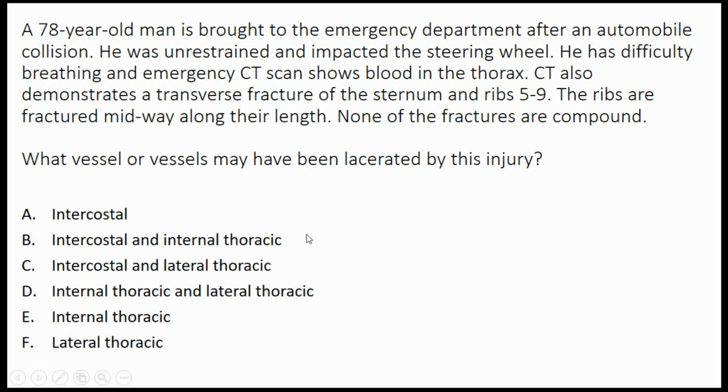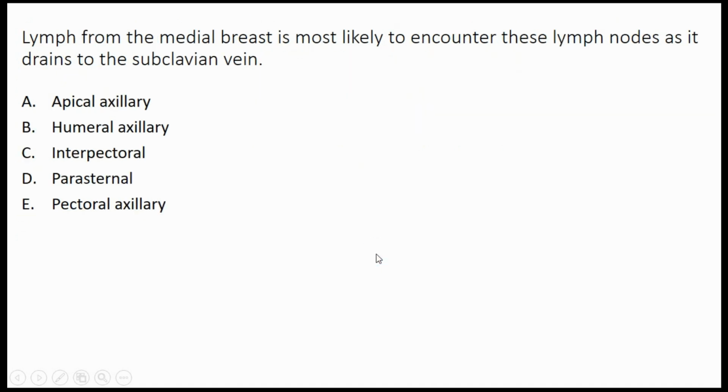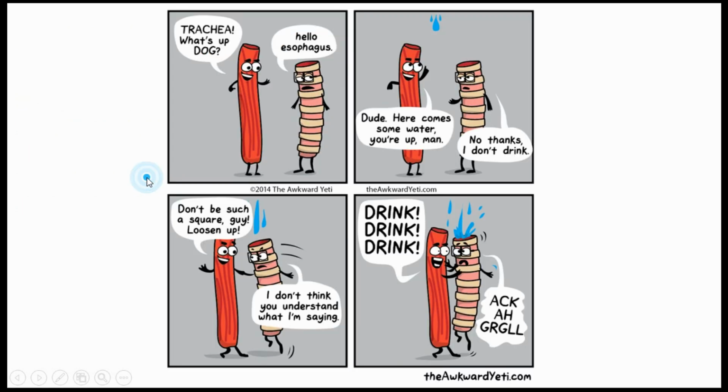Answer is B, because the internal thoracic would be affected by that sternal fracture, but the rib fractures would also involve the intercostal vessels as well. Pause if you need to. And the answer here, D, parasternal lymph nodes, moving from the medial breast along the sternum to the bronchomediastinal trunk.